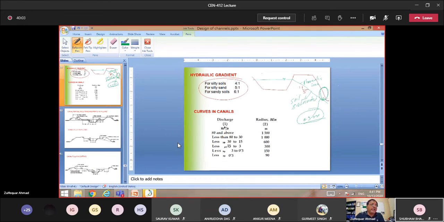But in the design of the canal, you can do some approximation, right? Have you understood? So sir, irrespective of any curve, we just approximate it to a linear line?